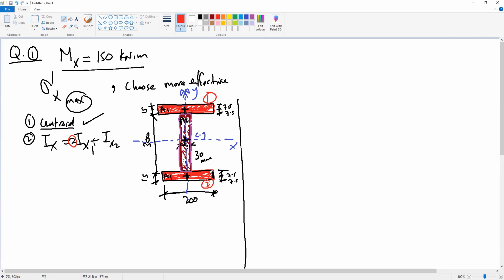So you calculate for one flange and multiply by 2 because they are identical. So we don't have to calculate for A1 twice. Now I will calculate Ix in one line.